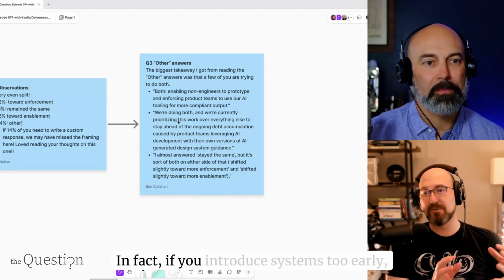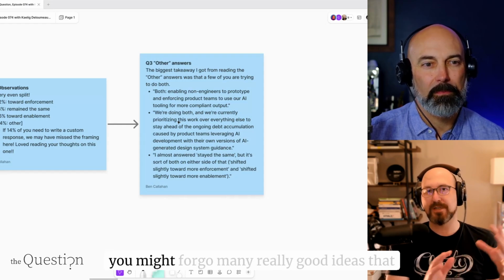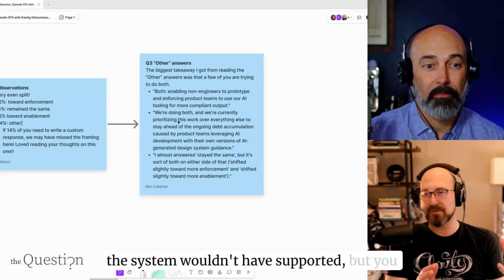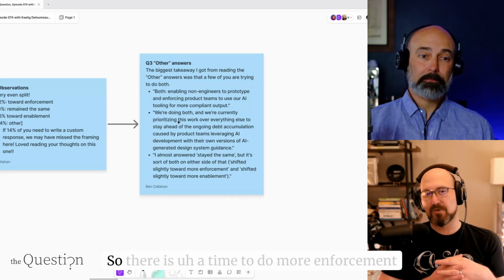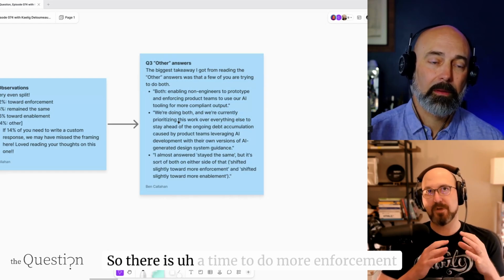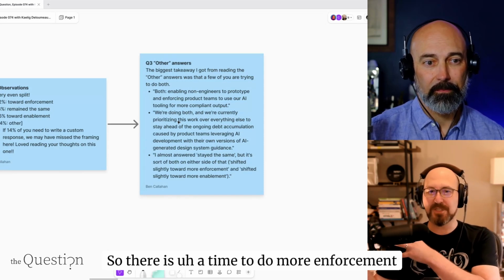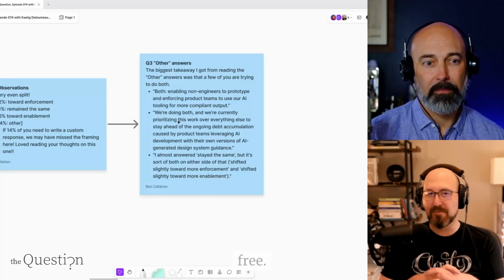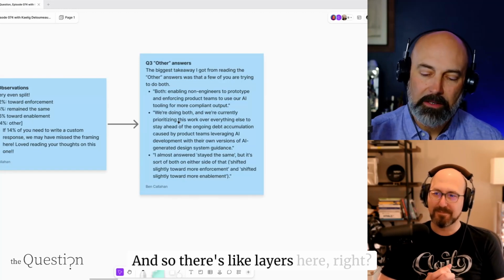In fact, if you introduce systems too early, you might forgo many really good ideas that the system wouldn't have supported, but you were limited in your choice from the get-go. So there's a time to do more enforcement, and a time to just let go and let people roam free.